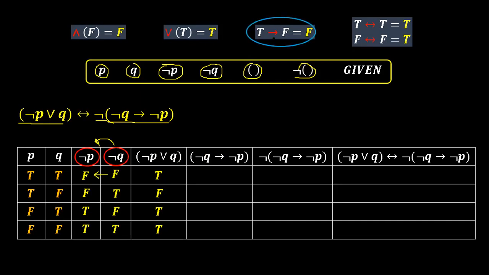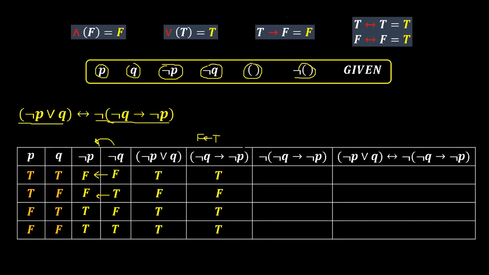Why true, sir? Because it becomes false if TF. It becomes false if it is this part. So that is TF, because it goes like this. So for this one, TF, the hypothesis is true, but the conclusion is false, then the truth value is false. The rest, FT and TT, that is true.